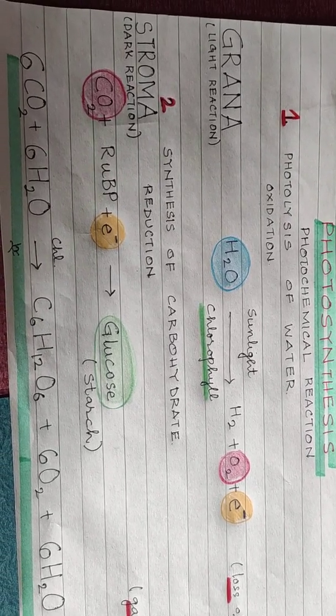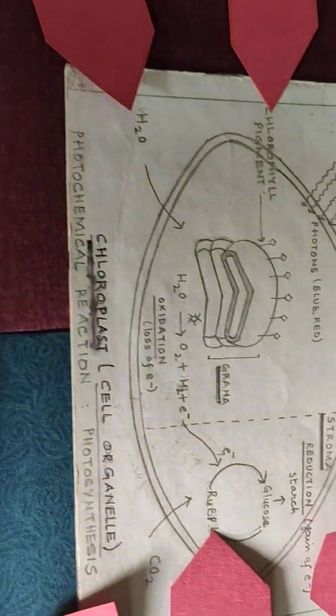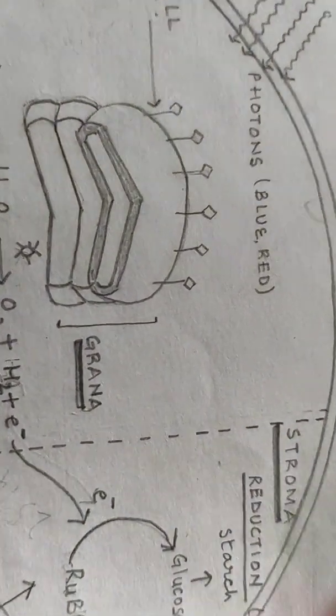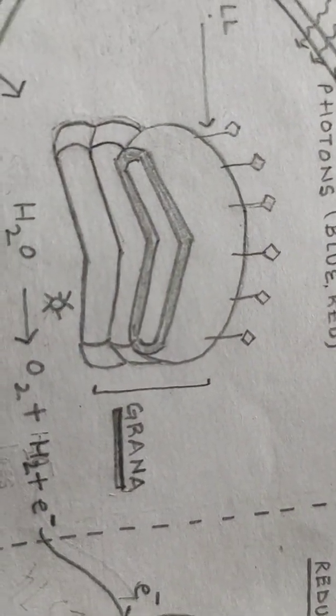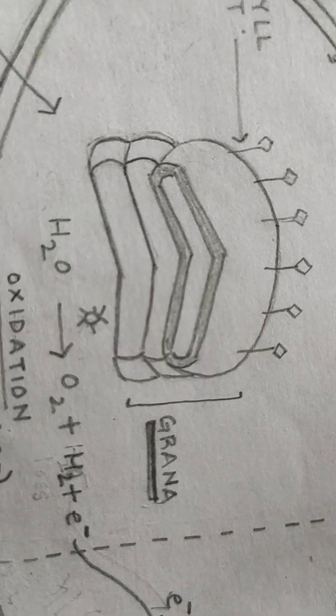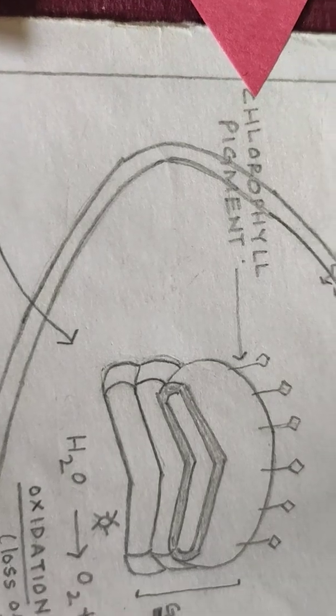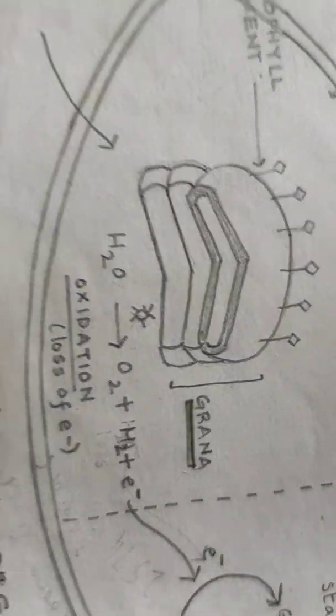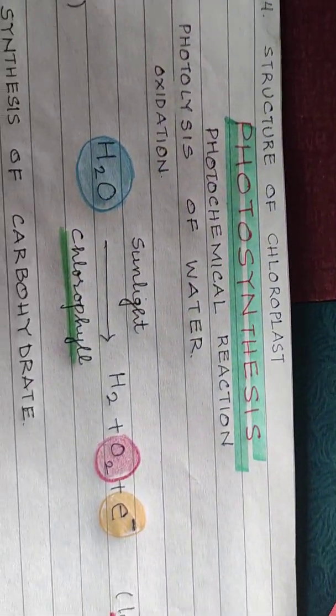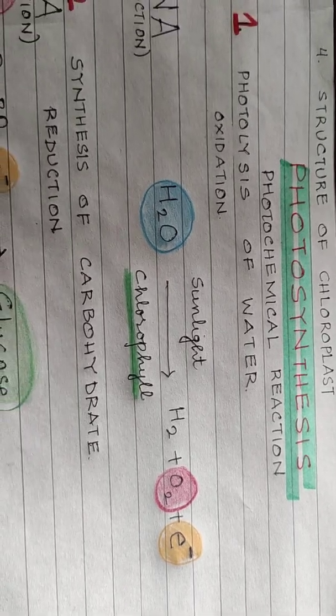That is in the grana, and the grana are the stacks of thylakoids, the coin-like structures which are present in the chloroplast, and on top of which are present the chlorophyll pigments.